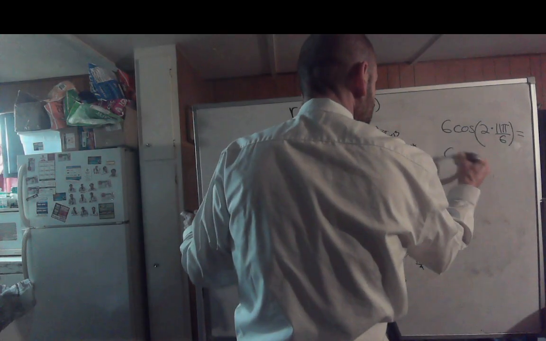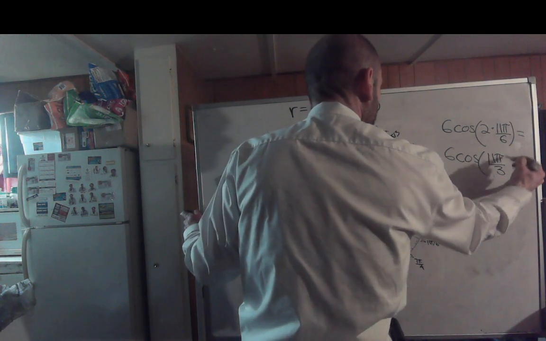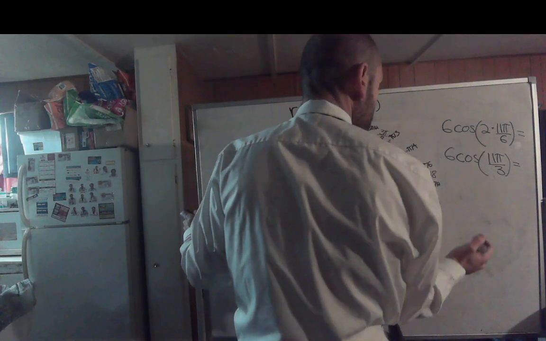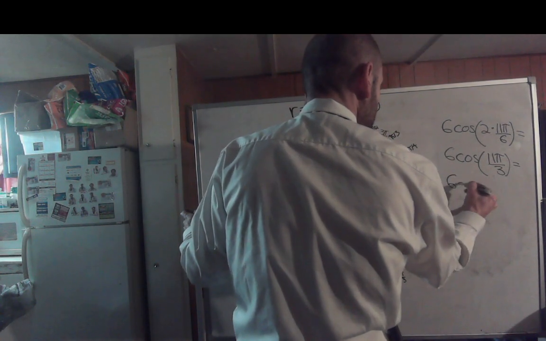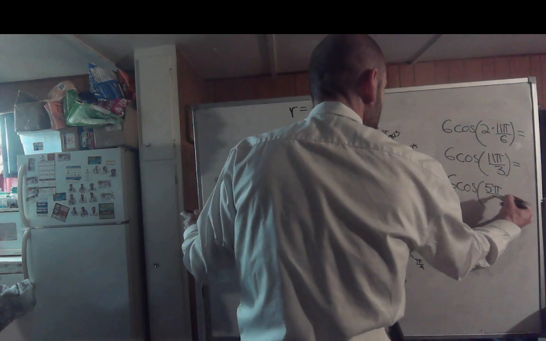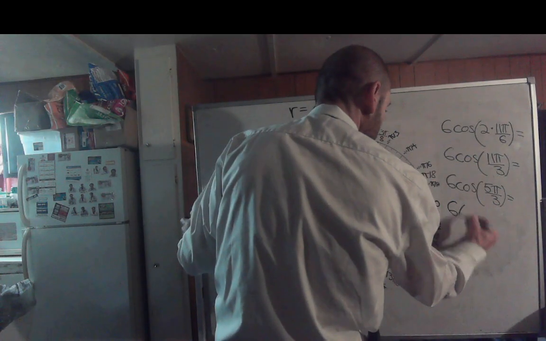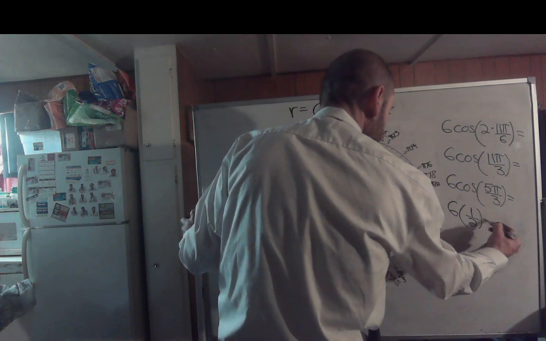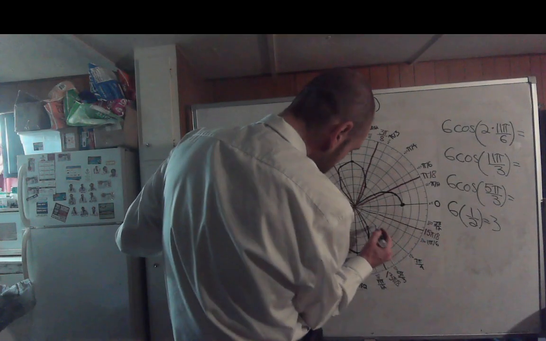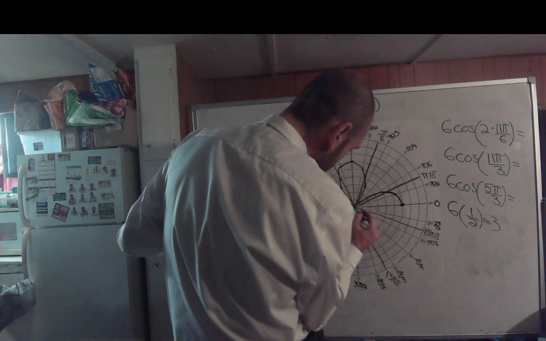That's going to give me 6 times the cosine of 11 pi over 3, which would give me 6 times the cosine of 5 pi over 3. Well, the cosine of 5 pi over 3, that's going to be positive 1/2, so 6 times 1/2 is 3. So we're going to be right there.